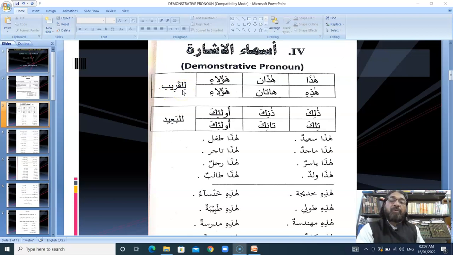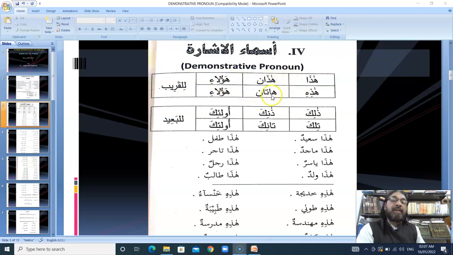That means if you want to point out anyone or anything which are near to you, in that situation, you have to use all these 3 things.